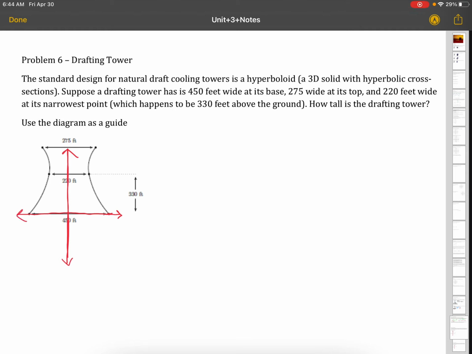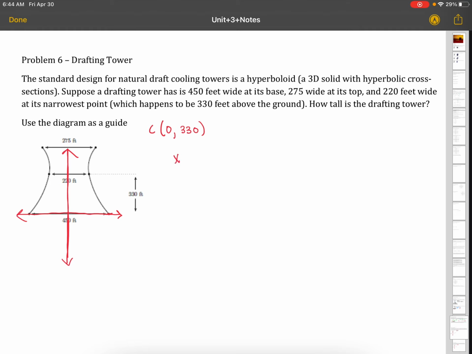So the center for our hyperbola is 0, and we're going to go up 330 feet. Again, it's 0 because we're splitting the hyperbola in half vertically. So we have a center of 0, 330. And because the hyperbola opens left and right, we know that x should come first.